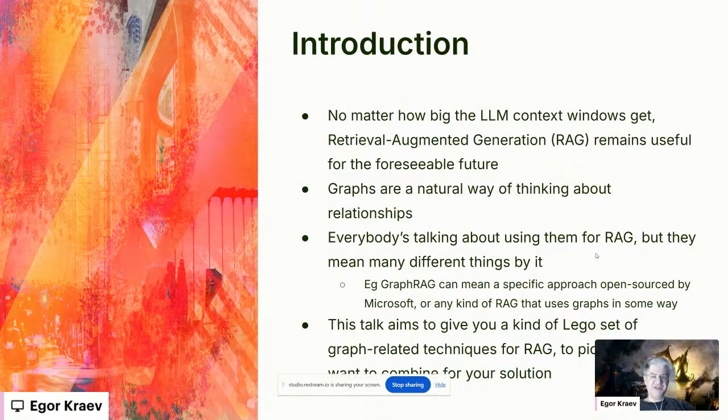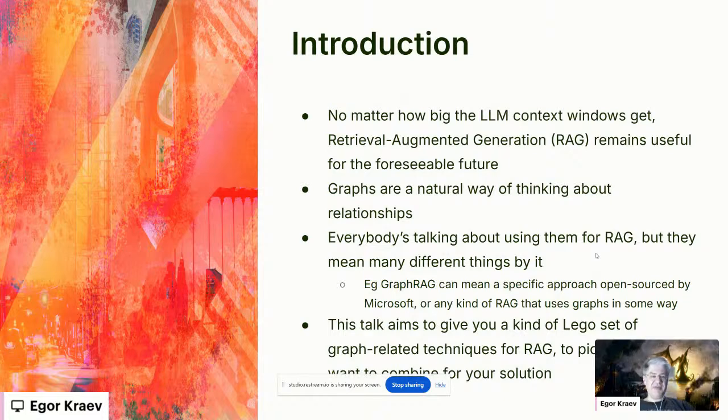Of course, there is always vector search, be it sparse or dense, but it's a natural assumption that graphs are a nice way of thinking about relationships. Things like: what else do we know about this person who is mentioned in the text snippet that I care about? Or what have they done?